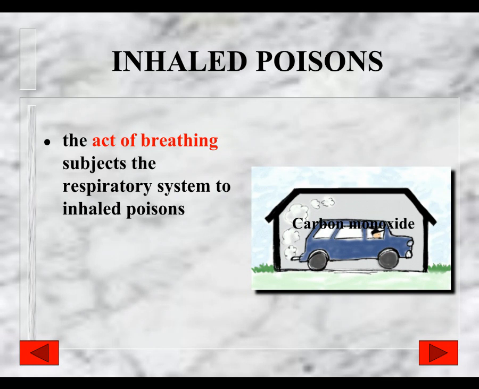I know sometimes in the winter, people go hunting and they have little hunting cabins, or little campers that they hunt in. And instead of having the normal heat system, they'll have a little propane heater in a little cabin or a little enclosed area. Those are very dangerous, and carbon monoxide can build up. There are also different kinds of gases that can be inhaled that are poisonous, but they must be released into the air.